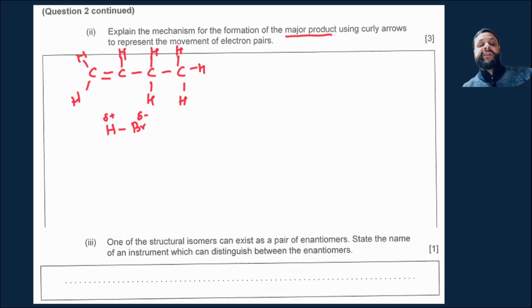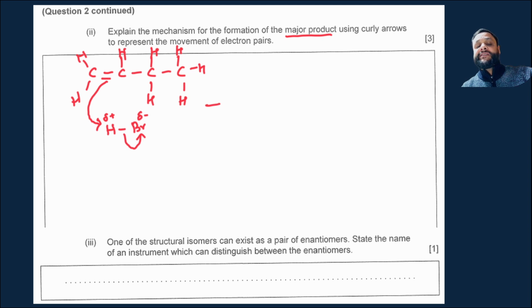A curly arrow shows the movement of electrons. We have electrons in the double bond, so I will start my curly arrow from the double bond to this H, and the bond between H and Br will break. This is an example of heterolytic bond fission or heterolytic bond cleavage.